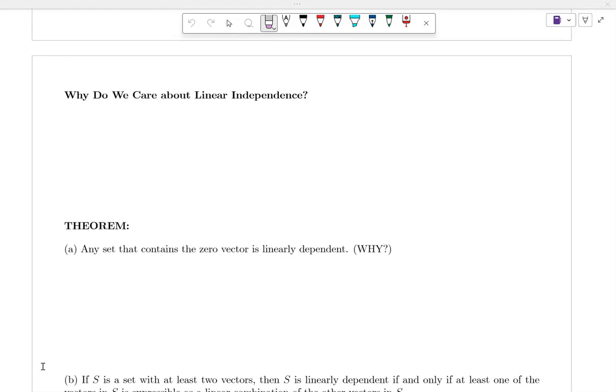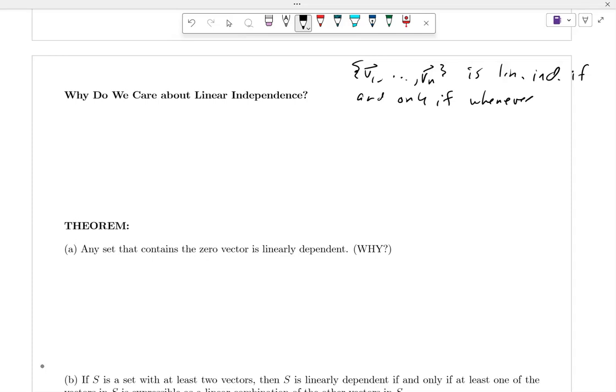So remember that linear independence means that if we have a set of vectors v1 up to vn, and we say it's linearly independent, the definition is that if you have a linear combination that gives you the zero vector, then what has to be true about your constants?